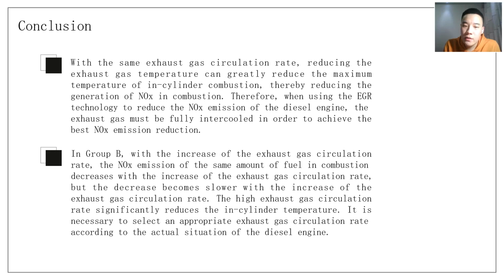A high exhaust gas recirculation rate significantly reduces the in-cylinder temperature. It is necessary to select an appropriate exhaust gas recirculation rate according to the actual simulation of the diesel engine.